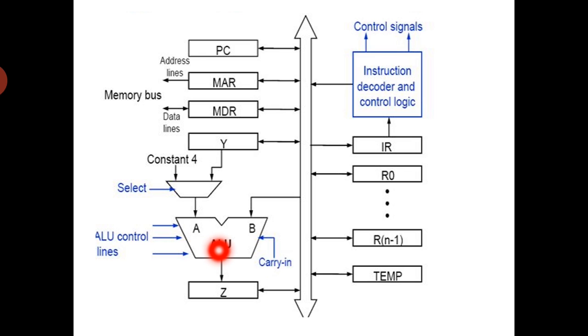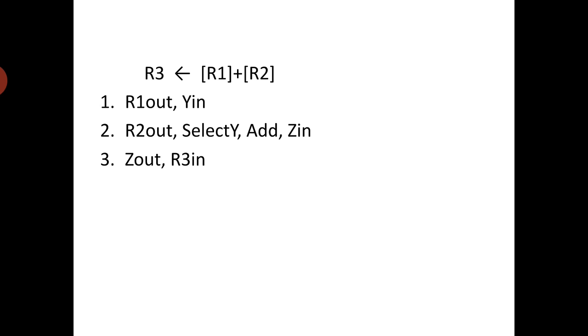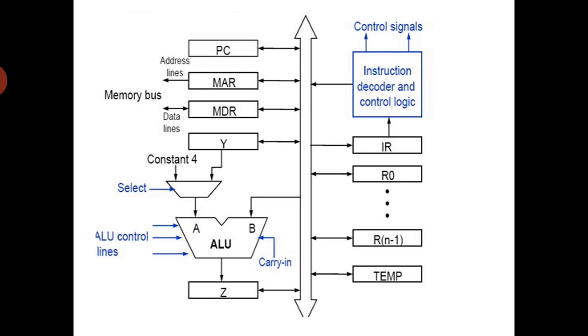At the same time, during this second step, the content of register R2 is also transferred to the ALU. For transferring the data present in the R2 register to the processor internal bus, we have to activate the R2 out control signal.